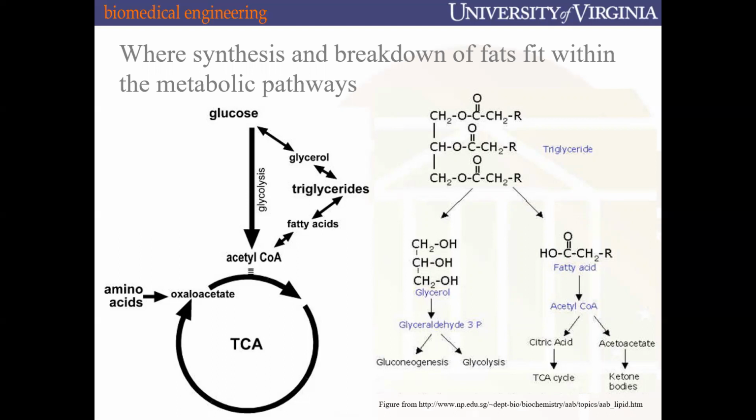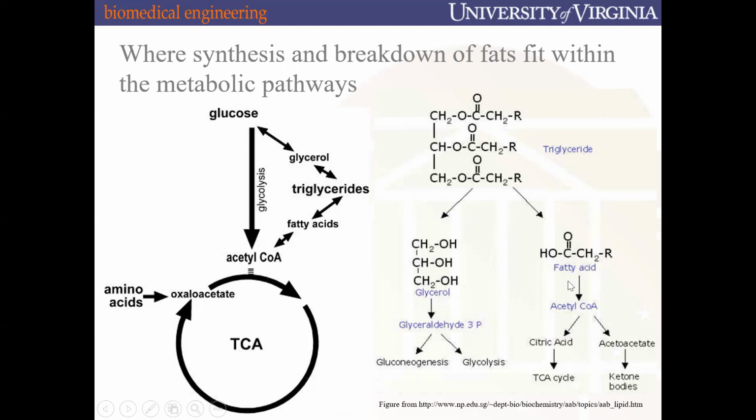You remember? Yeah, exactly. Great. Glyceraldehyde 3-phosphate is one of the intermediates of glycolysis. As you can see, the arrow is pointing, saying that we can take this intermediate from the breakdown of these triglycerides and use it for glycolysis. We can also use it for gluconeogenesis as well.